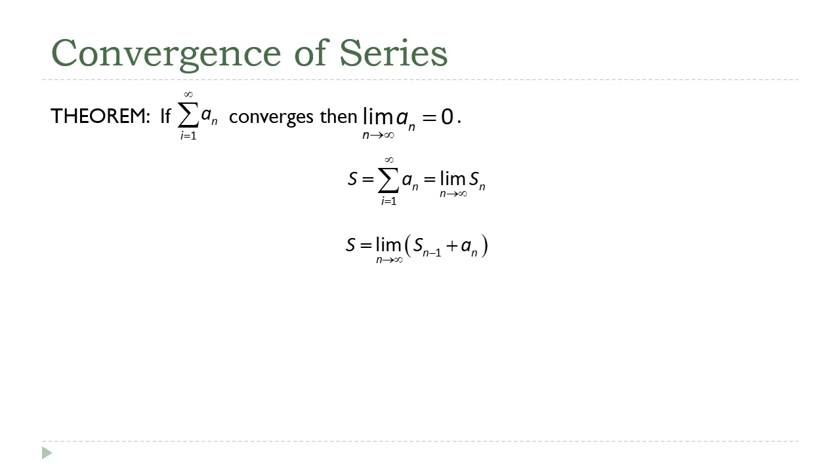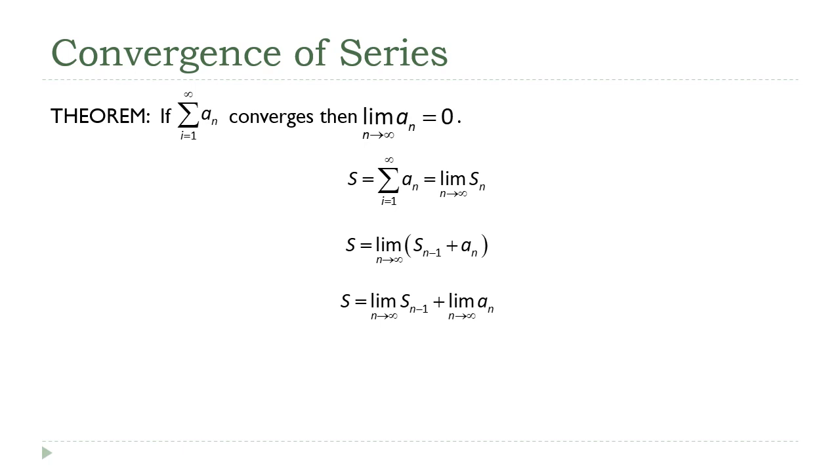Now I'm going to use our limit rules. I'm going to split this up and make this the sum of the individual limits. The right-hand limit is the one that we're talking about in the theorem, so I'm going to leave that one alone and focus on the first limit. That limit, the limit as n goes to infinity of s sub n minus 1, is also going to be s.